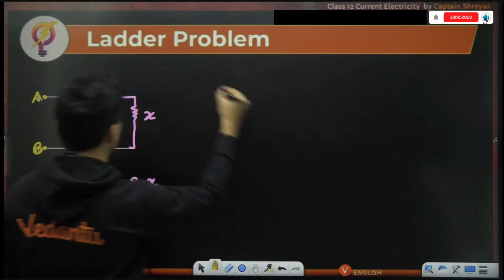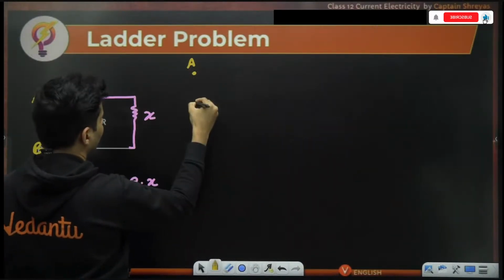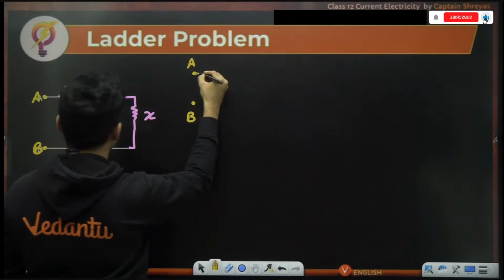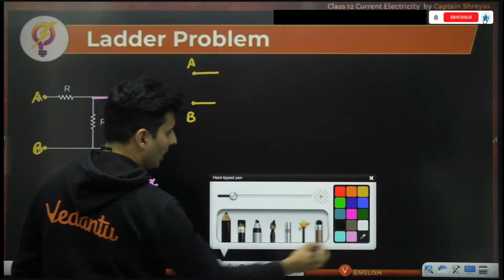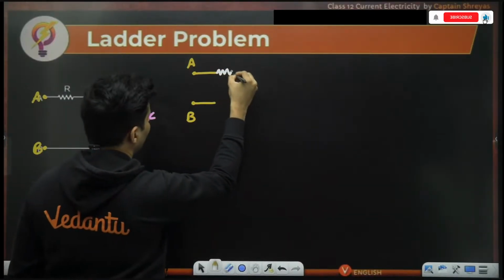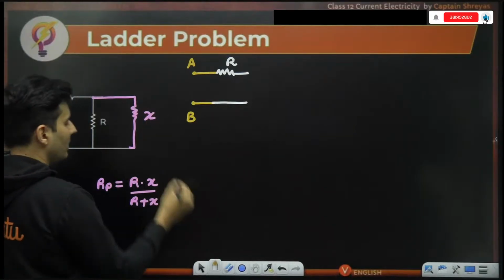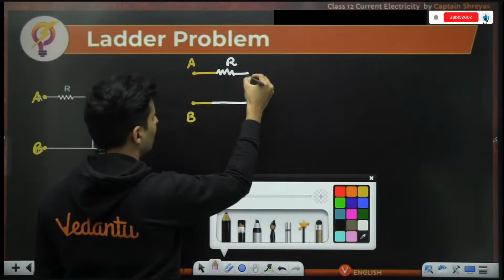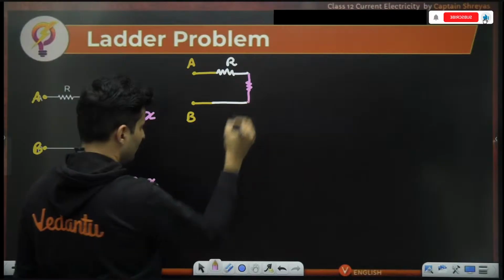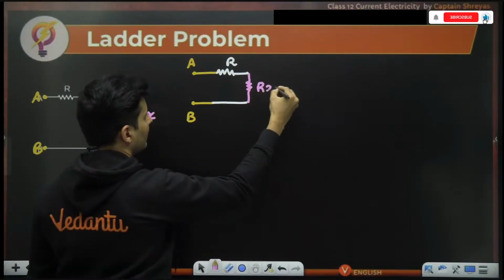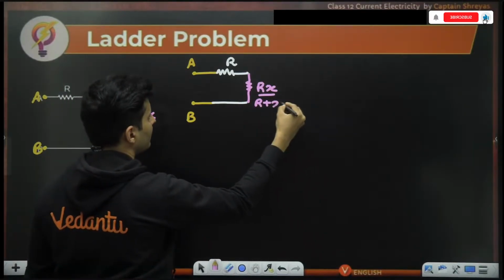Now this is your point A, this is your point B. You have this particular resistor which is R, and their combination was RP, which was Rx by R plus X.